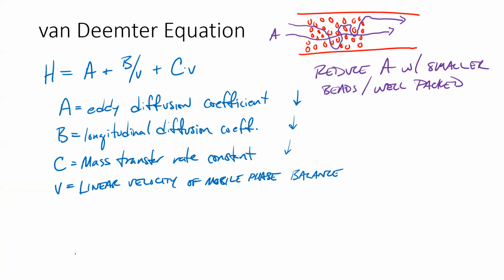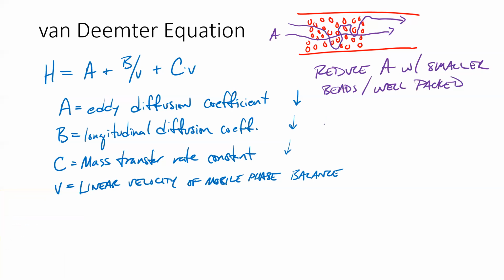B is the longitudinal coefficient. Remember when we talked about gas chromatography, that needle injects the sample super quickly because we want as small a volume as possible on the column.